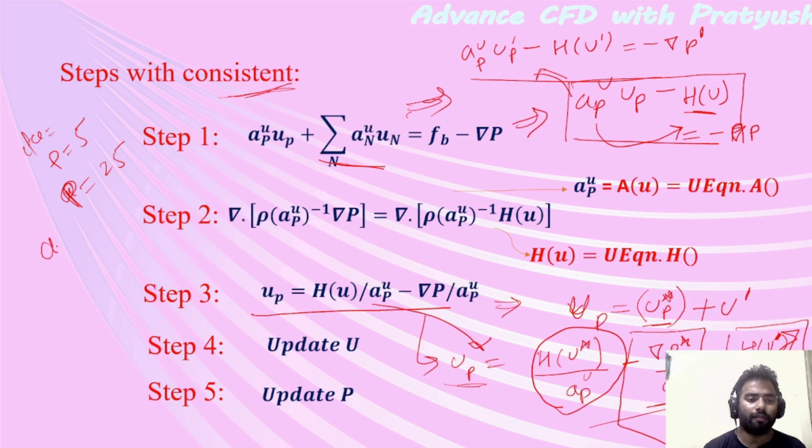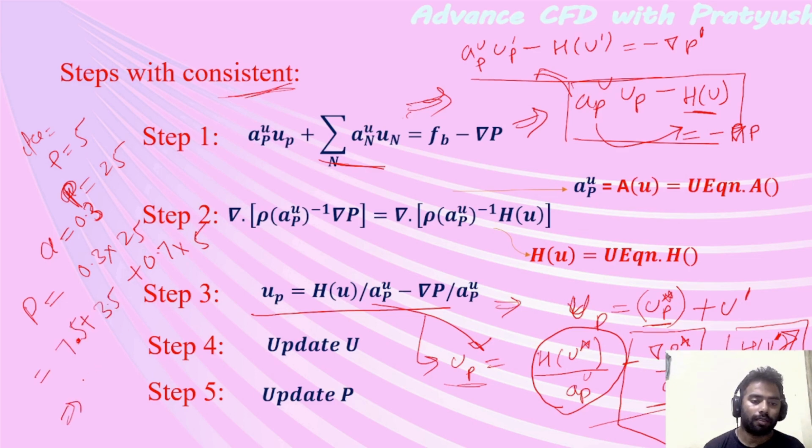Now if alpha, that is the relaxation factor, we are taking as 0.3, then P will be 0.3 multiplied by 25 plus 0.7, that is 1 minus 0.3 equal to 0.7, multiplied by 5, that is around 11. So you can see here that the larger change in pressure field can be avoided by using this relaxation factor.